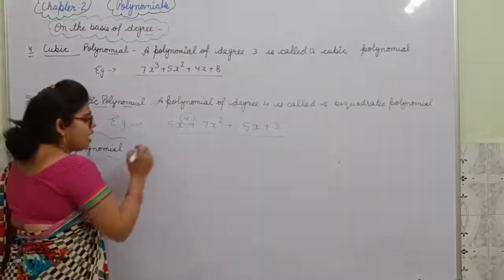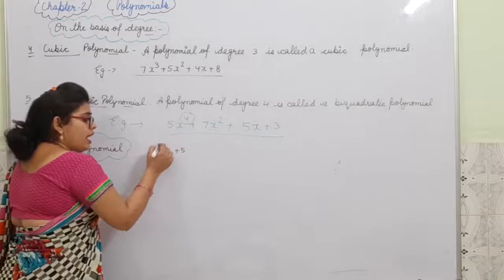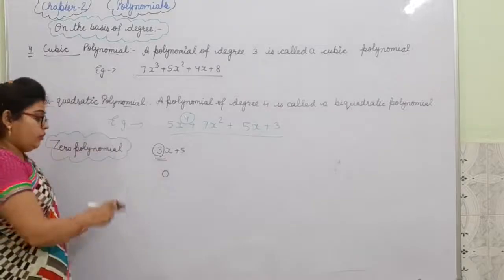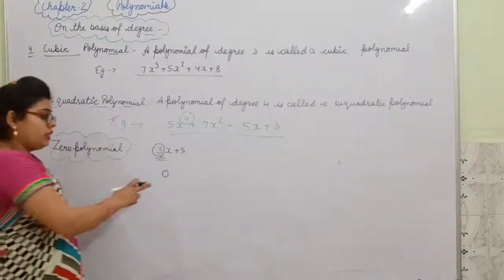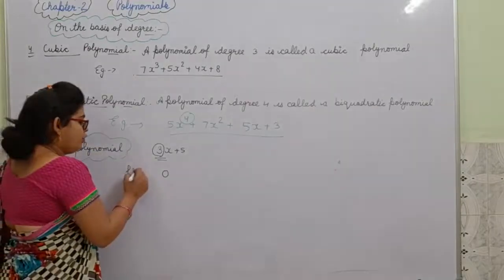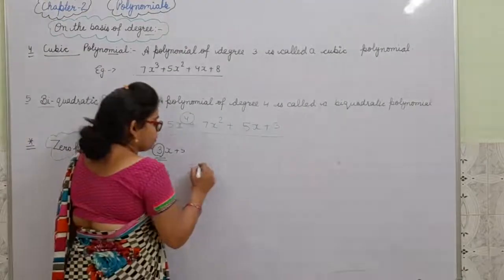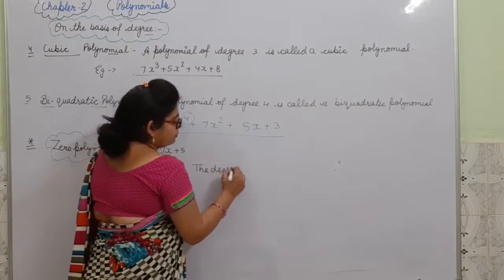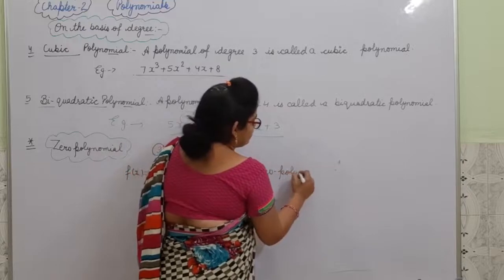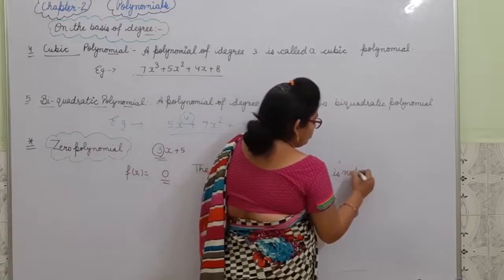If at the place of constant number... polynomial is not defined.